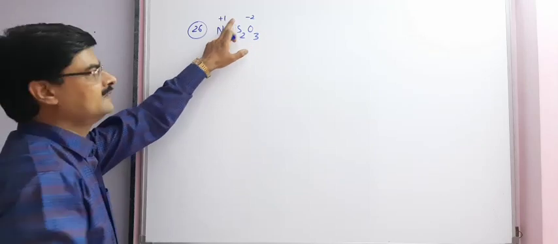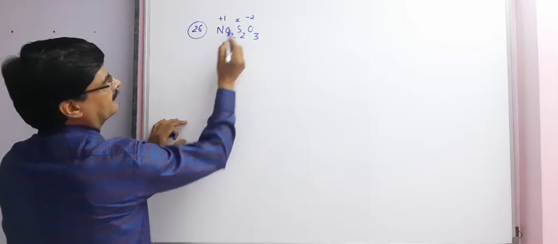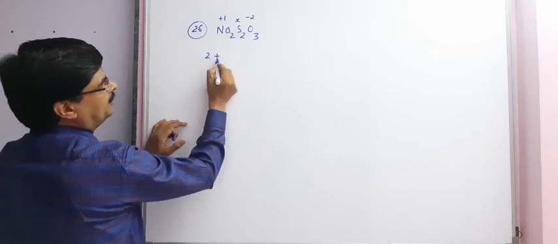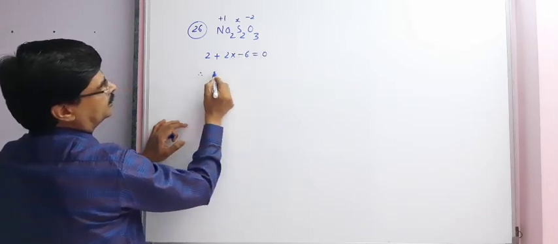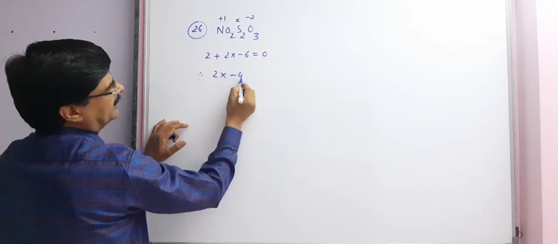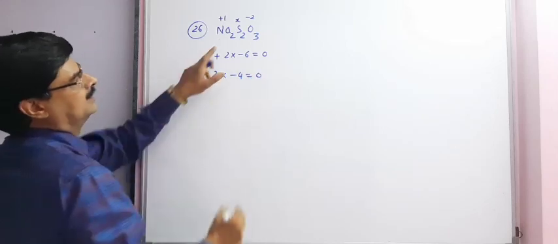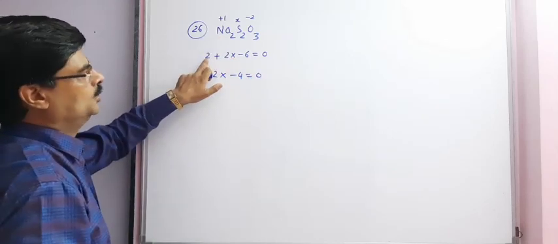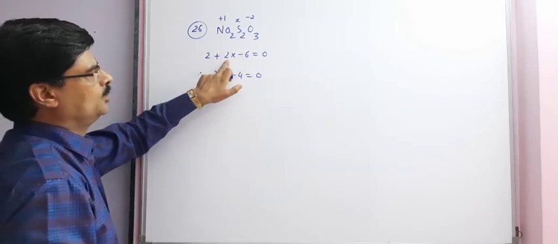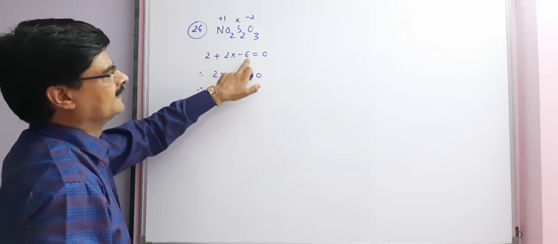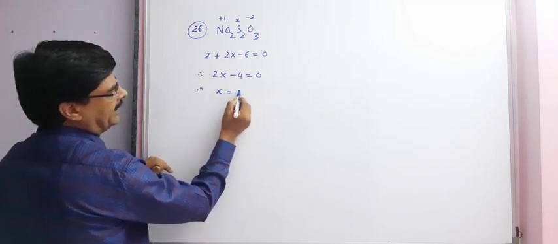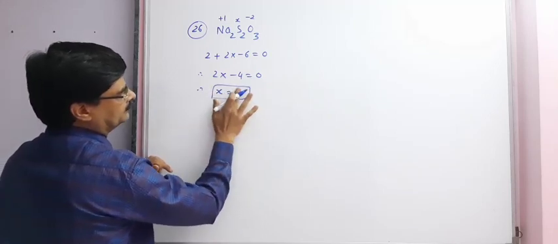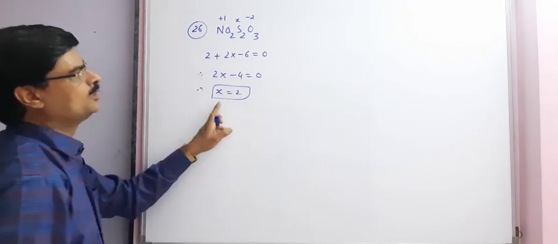On that basis, for sulfur say X, we can write 2 plus 2X minus 6 is equal to 0. Therefore 2X minus 4 is equal to 0. So X is equal to 2.